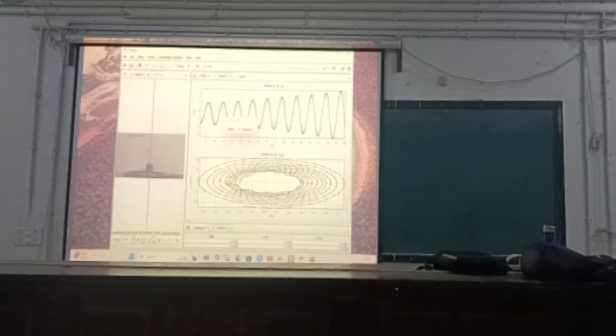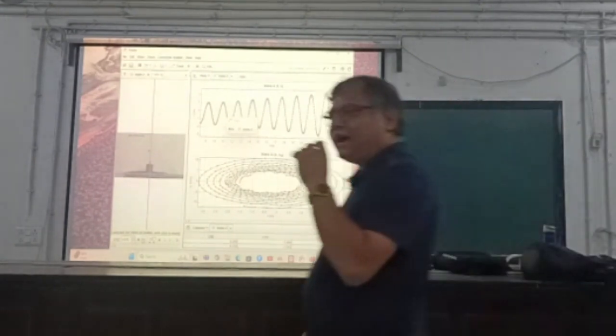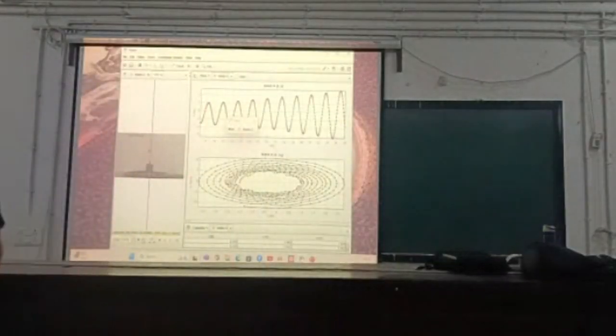Actually, nowadays you see electronic wall clocks having a pendulum, and that pendulum runs for two to three months. Just one battery is needed. If you look at the backside of the pendulum, you see exactly this kind of arrangement.